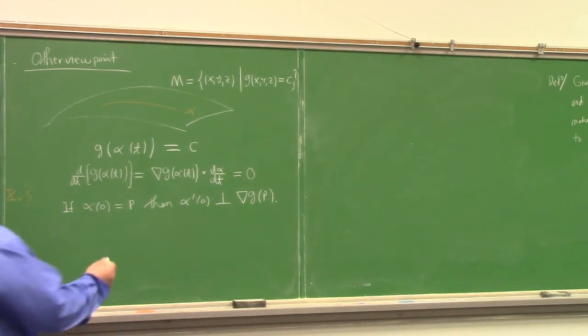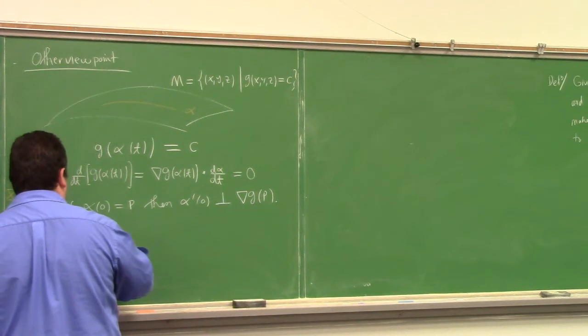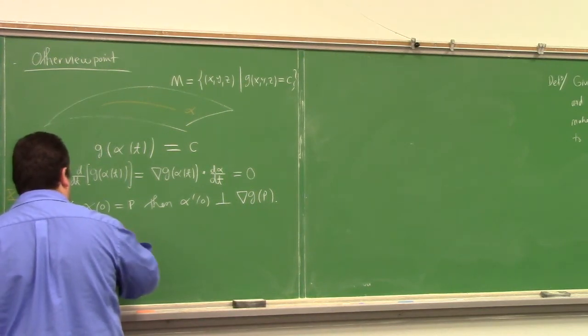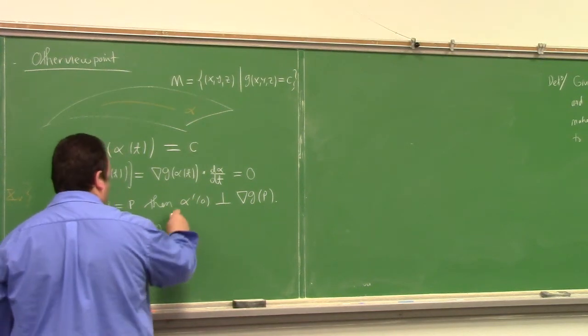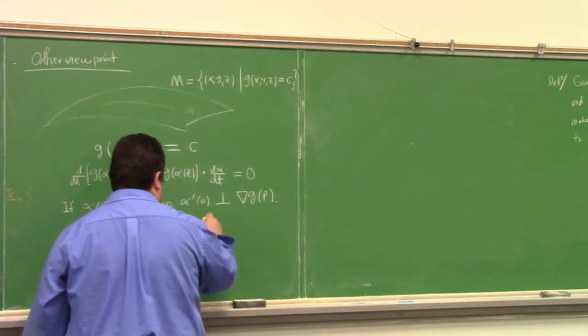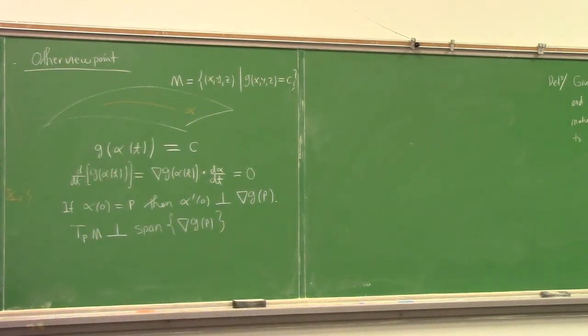So this goes to show us that the tangent space to M at P is perpendicular to the span of the gradient vector of G at P. But then we have to think about dimension. There are 3 dimensions that we're working in.